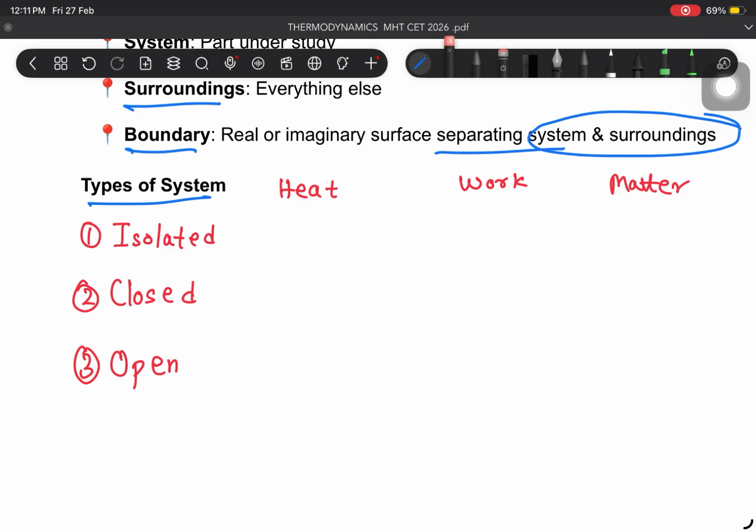In a closed system, heat and work exchange are allowed, but no matter. In an open system, heat, work and matter can all be exchanged.